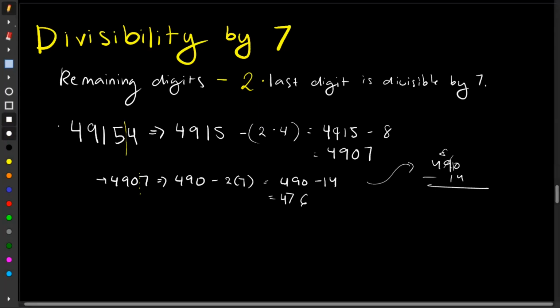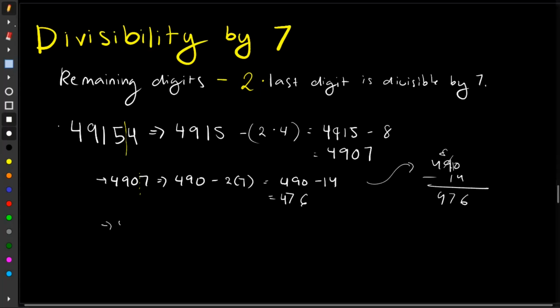Simple subtraction equals 476. So repeating that process, if it is still not clear, this would give us 47.